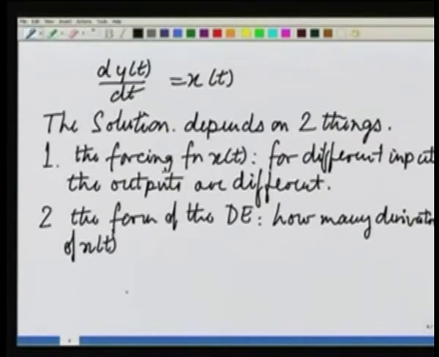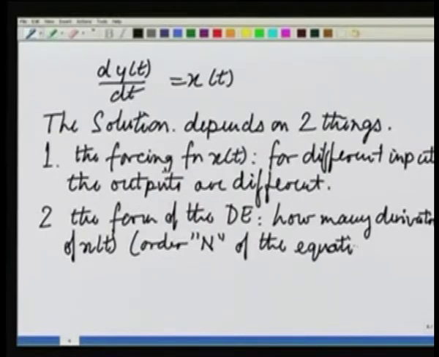This is in fact called the order of the equation. And the coefficients.